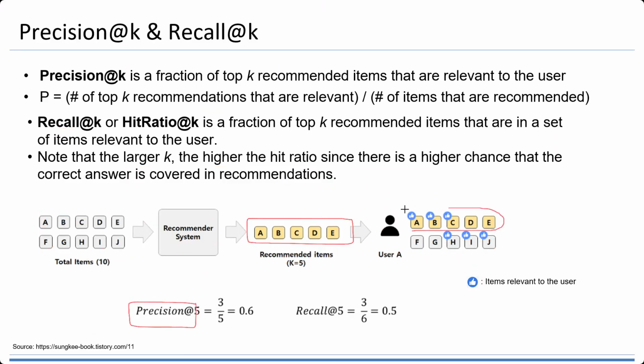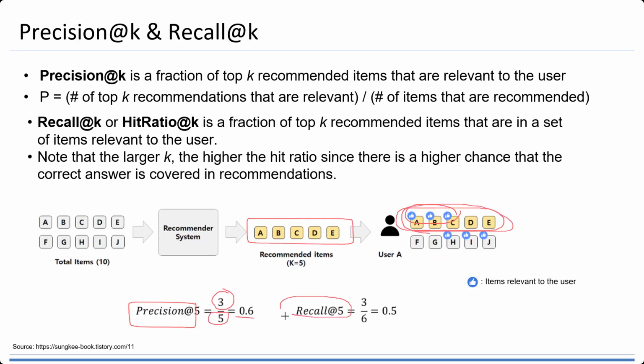From the yellow items, 3 items out of 5 items are correct. Then we can say this precision at 5 is 0.6.